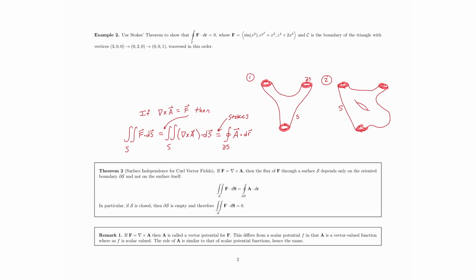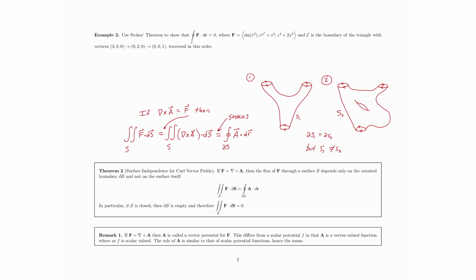So although S1 and S2 are different, it is actually true that the boundary of S1 equals the boundary of S2, despite S1 and S2 not being equal to one another. Their boundaries are the same, the surfaces are different.